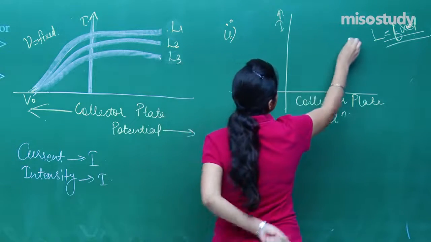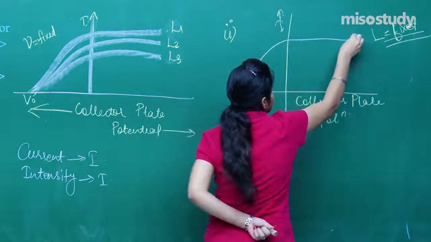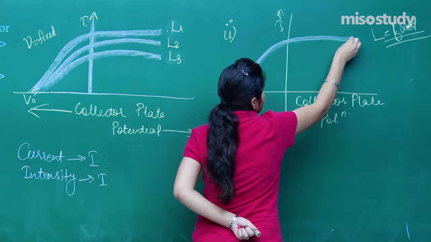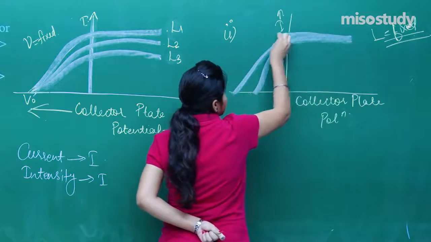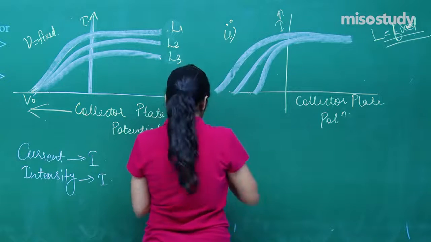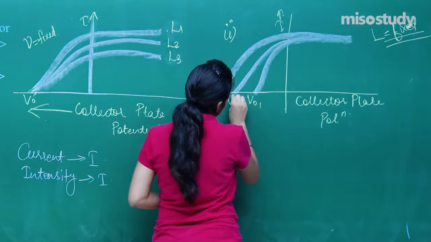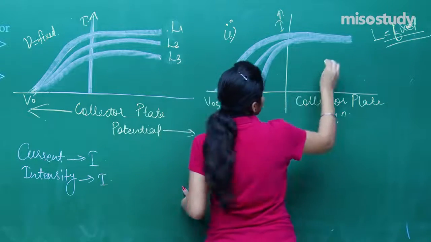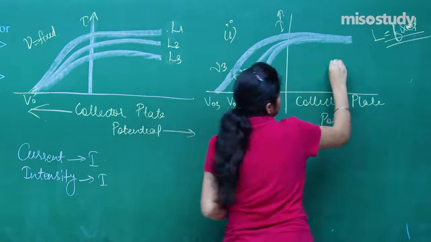So this is the graph for L constant, which shows the different stopping potentials V01, V02 and V03. In the question we have been given nu1 is greater than nu2 is greater than nu3.